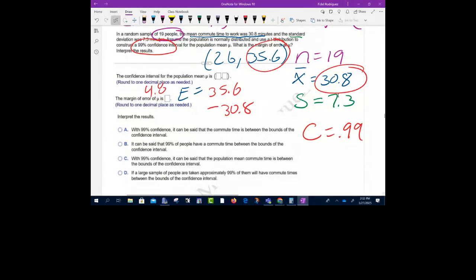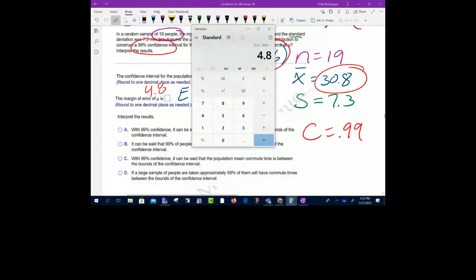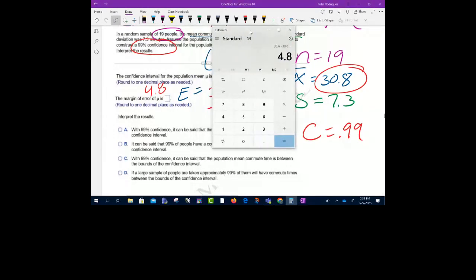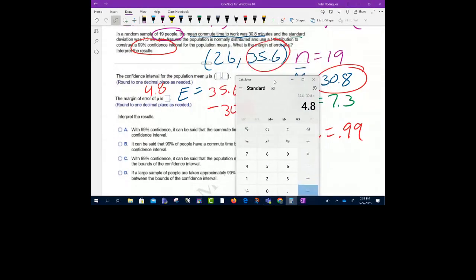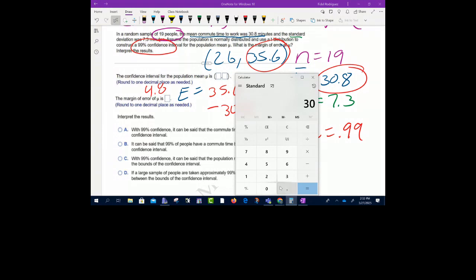The other way you could do it, we could take 30.8 and subtract off the smaller value, which was 26. And you still get 4.8, right? Because remember, it's 4.8 on either side of that sample mean.